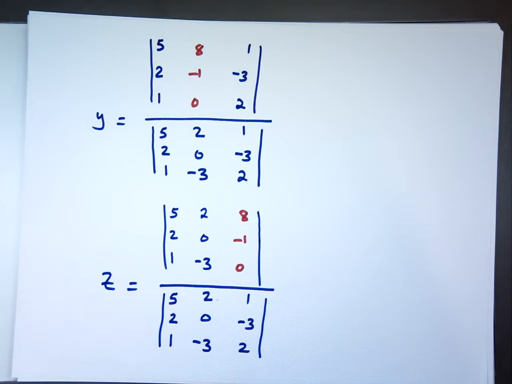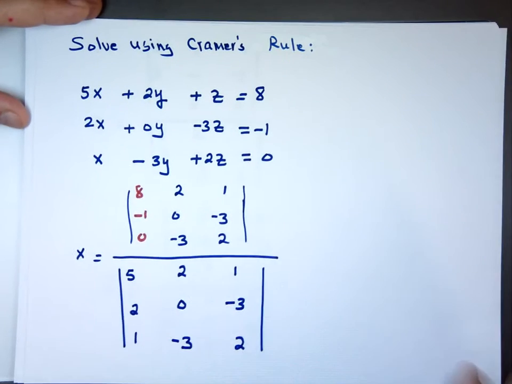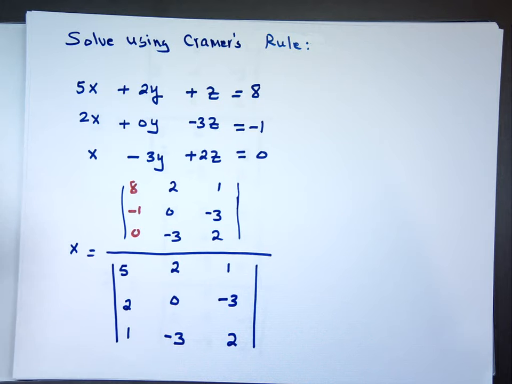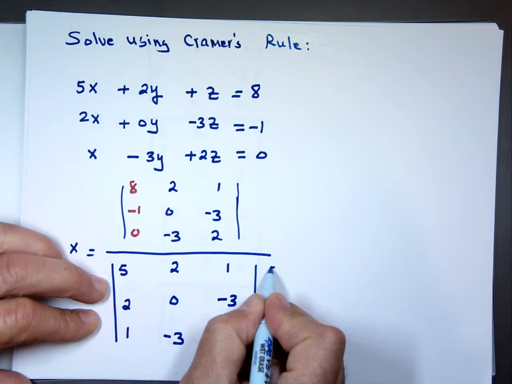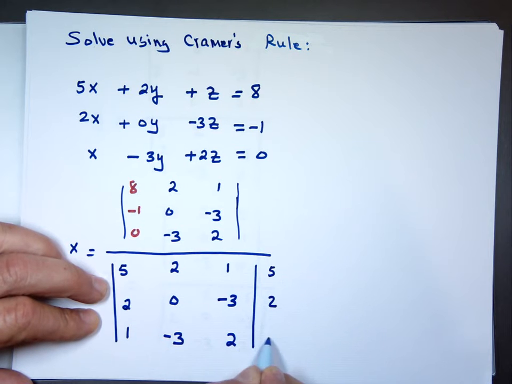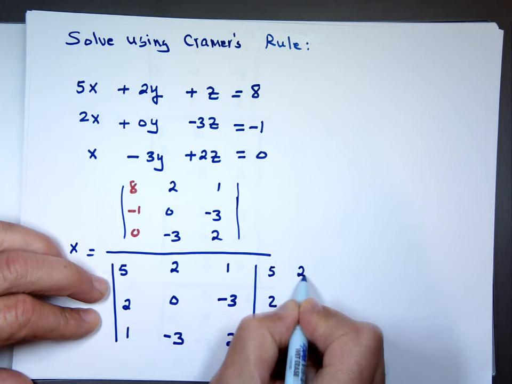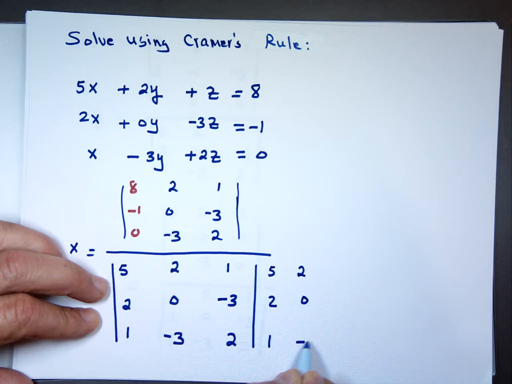How do we find the answer to each one? Again, you always want to start with the bottom, because if the bottom is 0, don't waste your time. So let me start with the bottom. 5, 2, 1, 2, 0, -3.